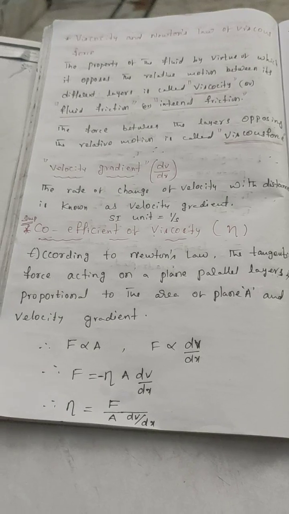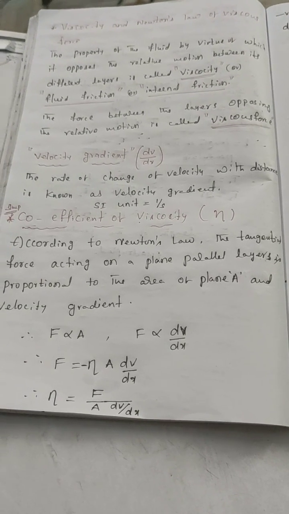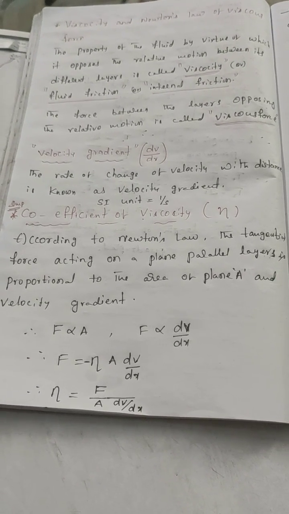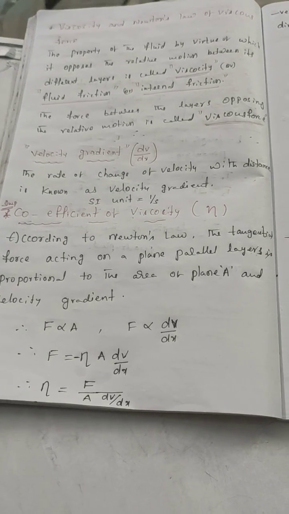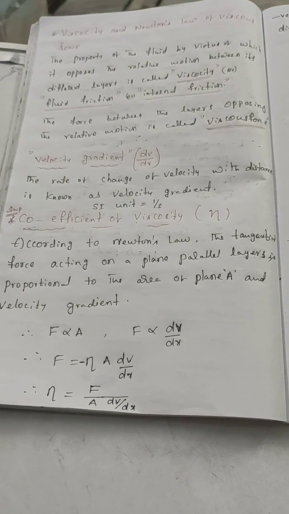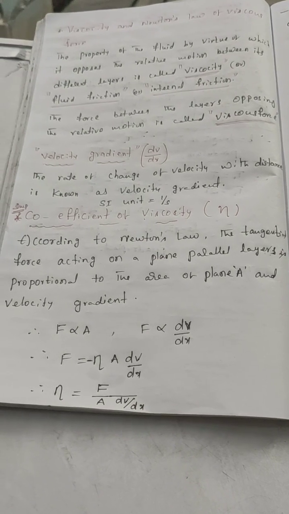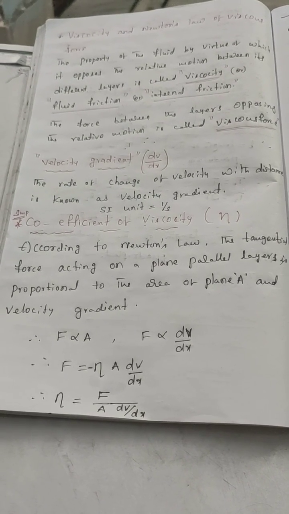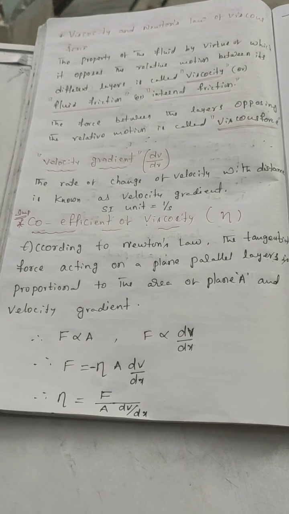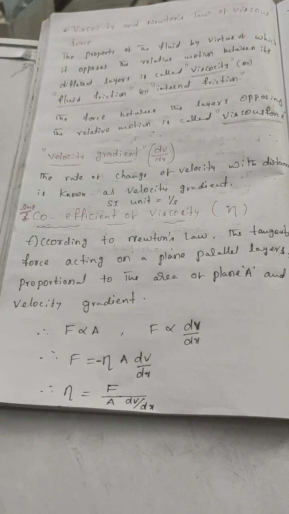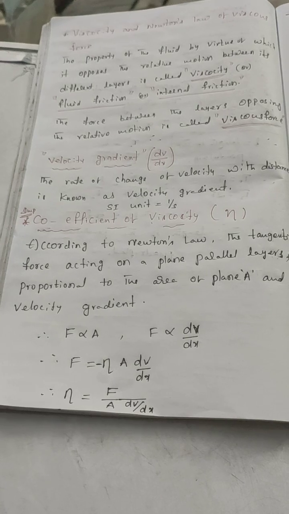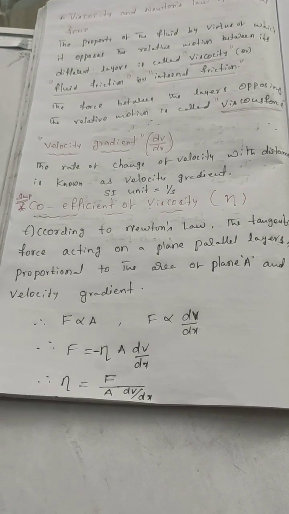Coefficient of viscosity, eta. According to Newton's law, this tangential force, the viscous force, is directly proportional to the area and the velocity gradient.